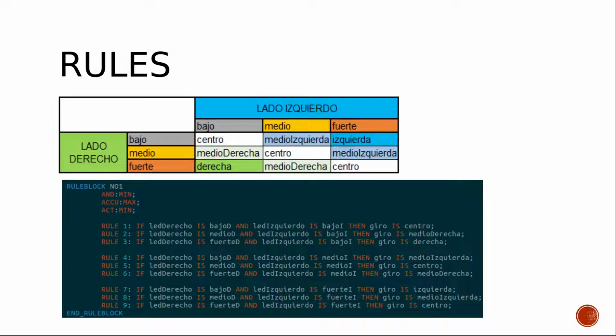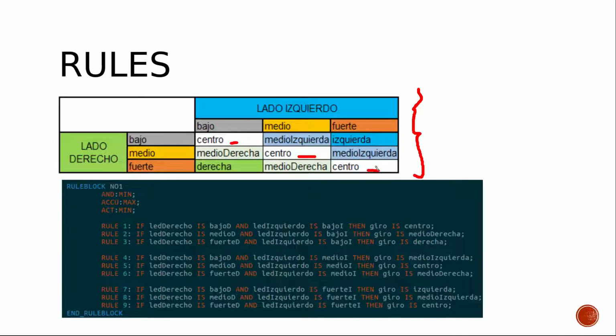The rules we used are those we see in the presentation table. We must take into account that as long as the light intensity in both LDRs is the same, we will have an angle of 19 degrees. That is, there will be no turning.